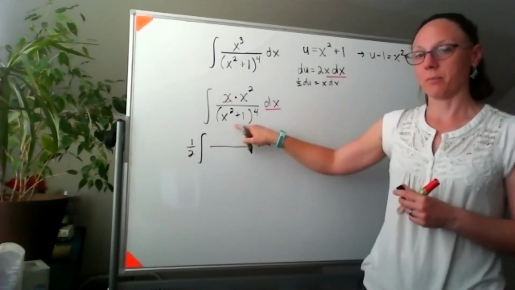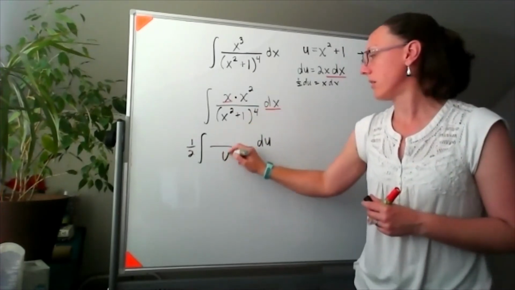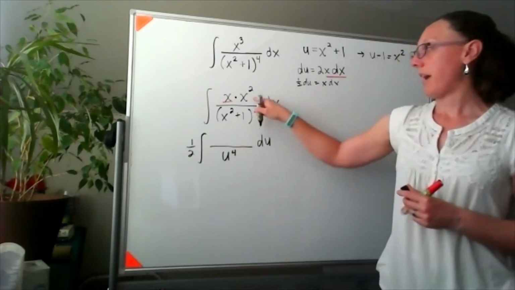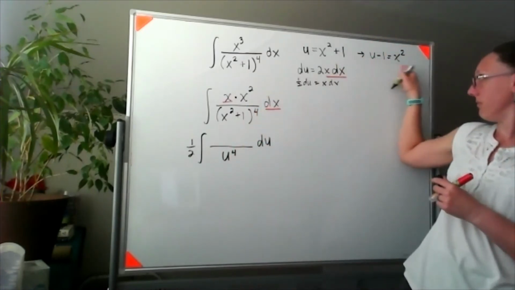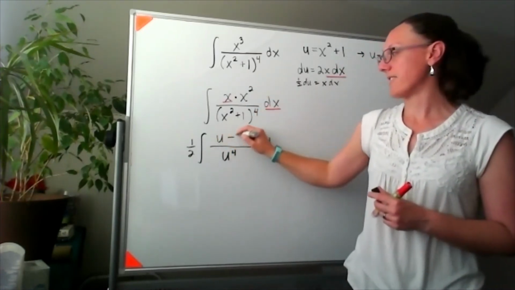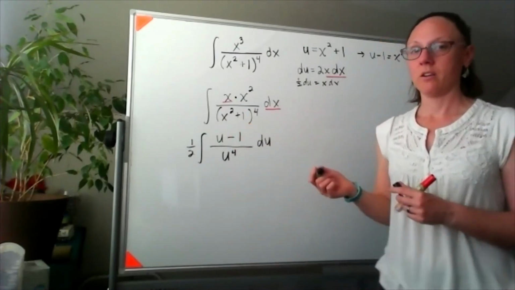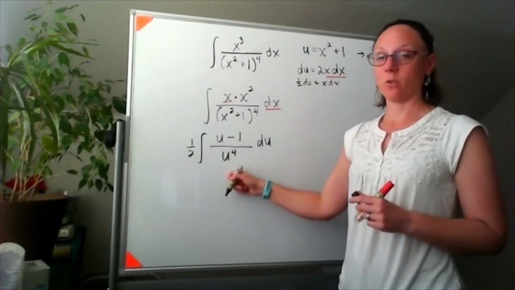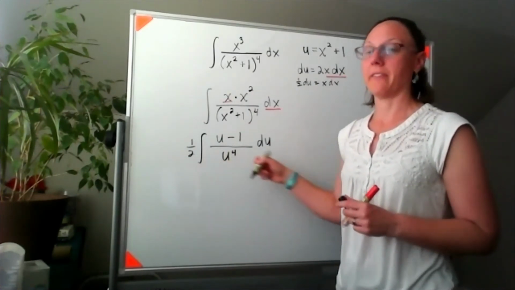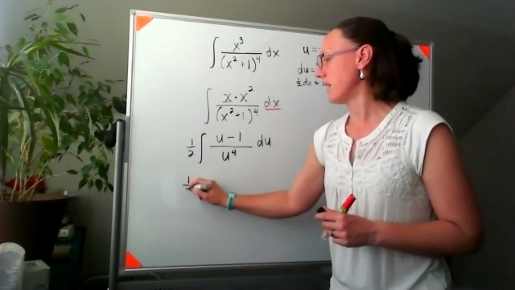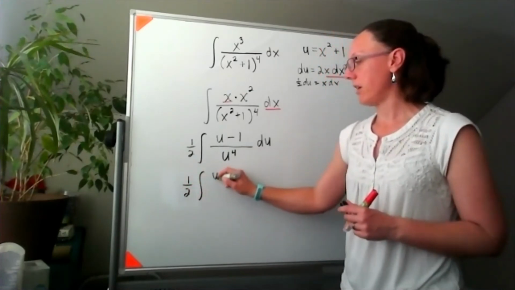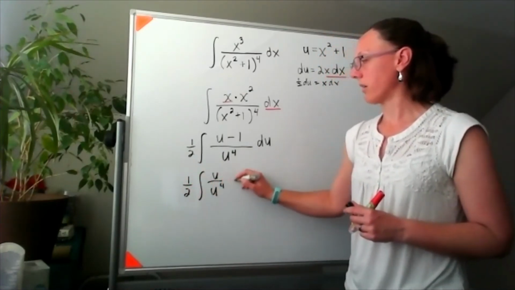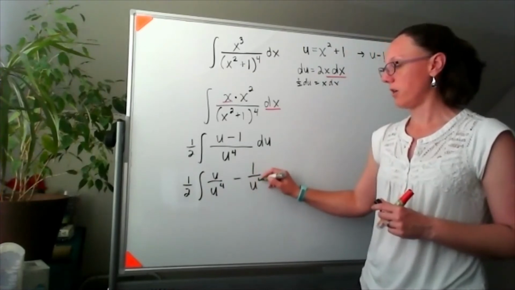My denominator becomes u to the 4th. And that x squared, I can rewrite as u minus 1. This is much friendlier to work with. Now that I have a single term in my denominator, I can break that apart into 2 pieces and have 1/2 of u over u to the 4th minus 1 over u to the 4th.